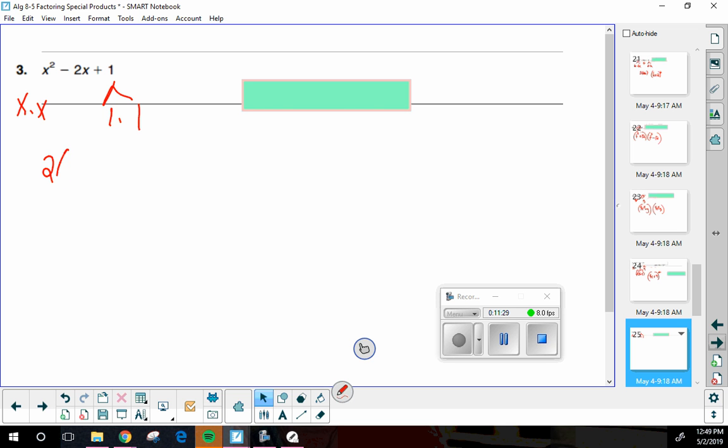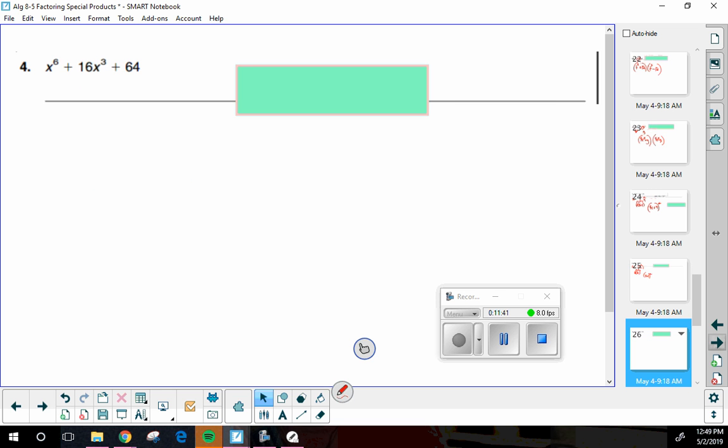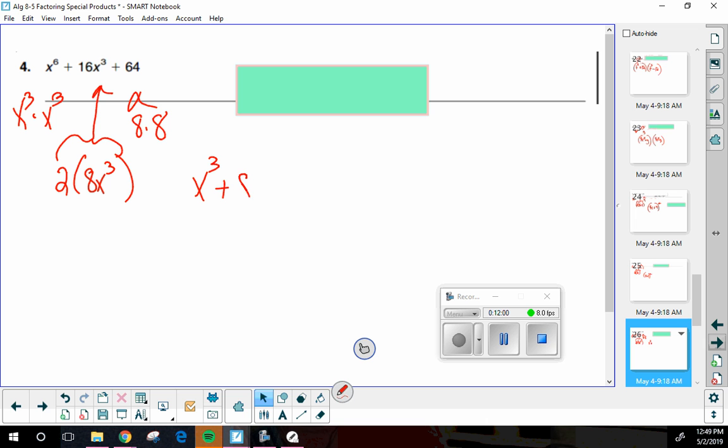Okay, 2 times 1x is that, and that's a minus sign in between. So this would be x minus 1 squared. And then this is x cubed times x cubed. That's 8 times 8. 2 times 8x cubed does equal that. So this would be x cubed plus 8 squared.